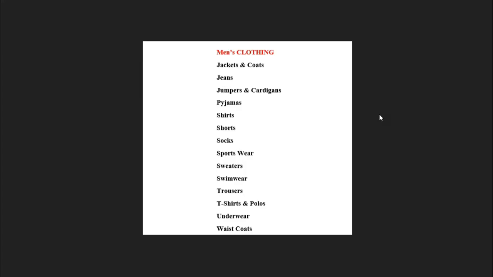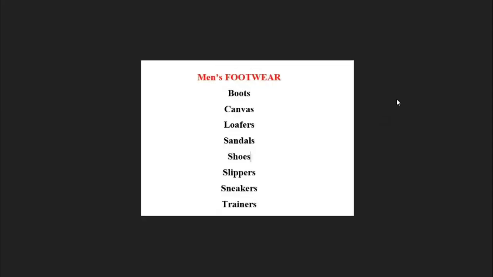So you have to sit down and write these particular categories. You want to sell only men's footwear, in which case you have these categories: boots, canvas, loafers, sandals, shoes, and all that. Better still, you may want to sell just a particular category under these. Maybe you want to sell sneakers alone. Then you would know which subcategories will come under that.